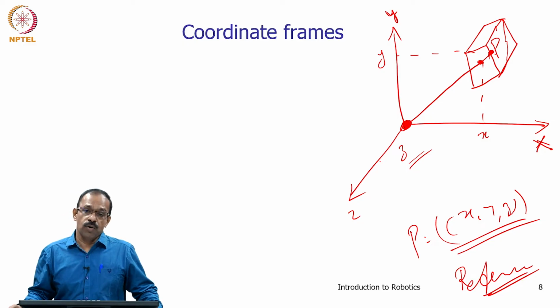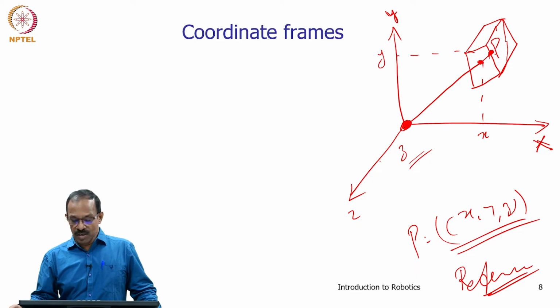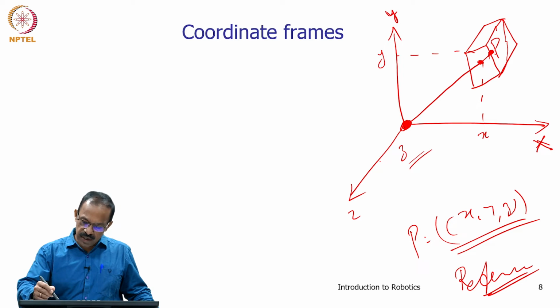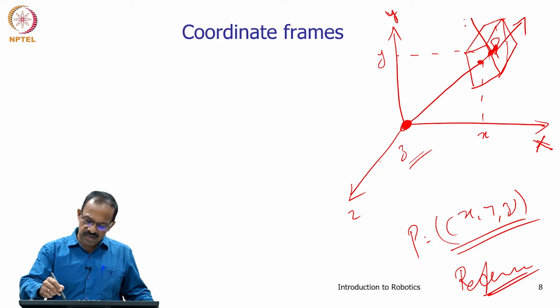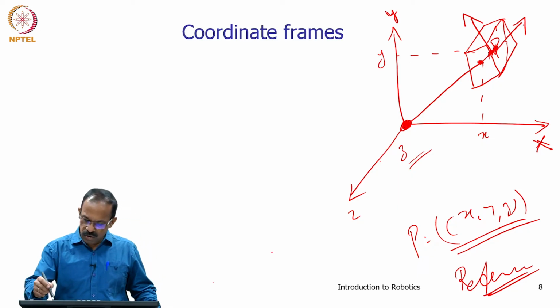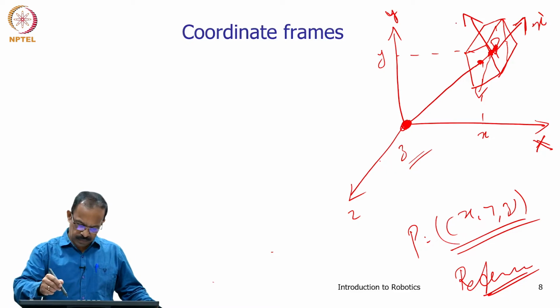Now, if you want to represent the orientation of the object in space, then we need to have another reference frame. This object also has a reference frame, so we have a frame attached to this, which is like this. I will say this is x dash, y dash and z dash.